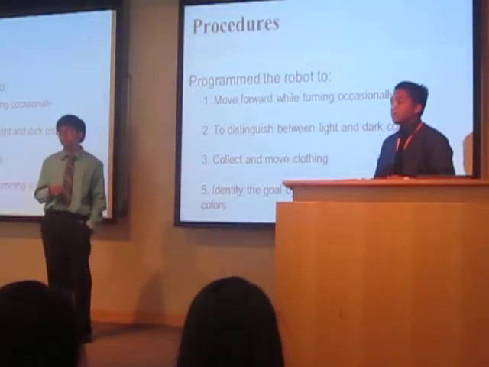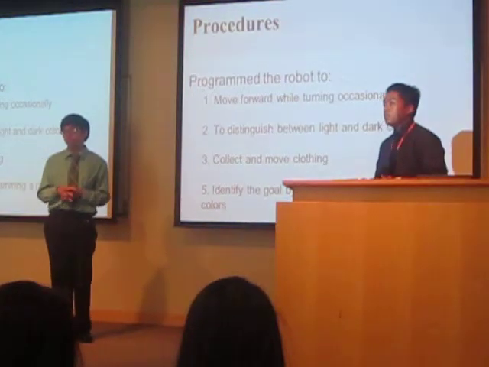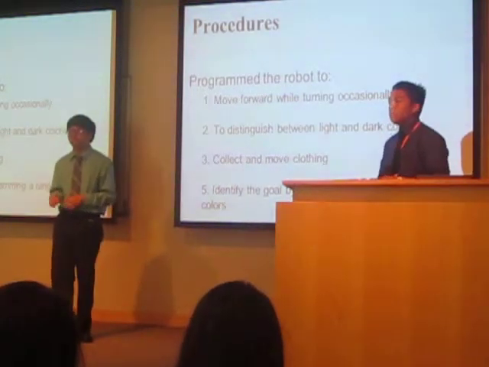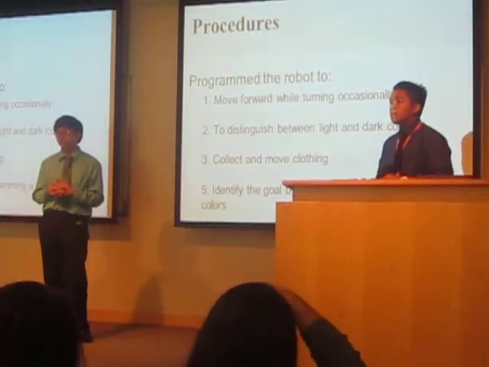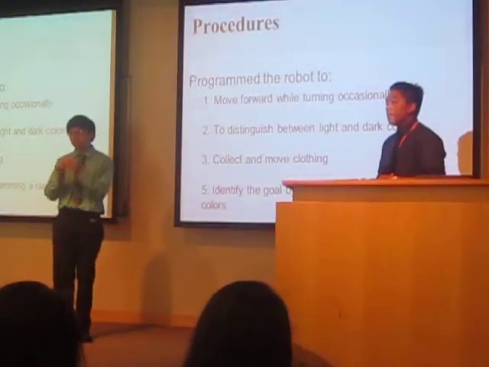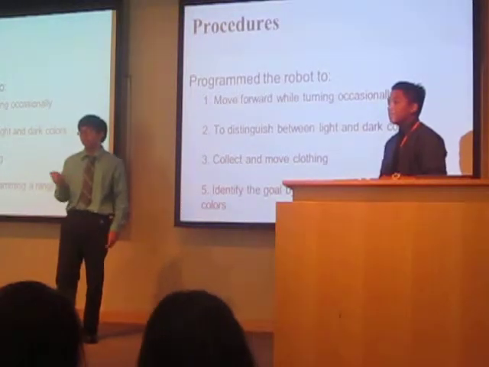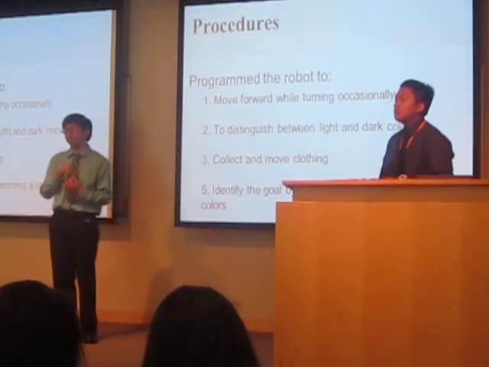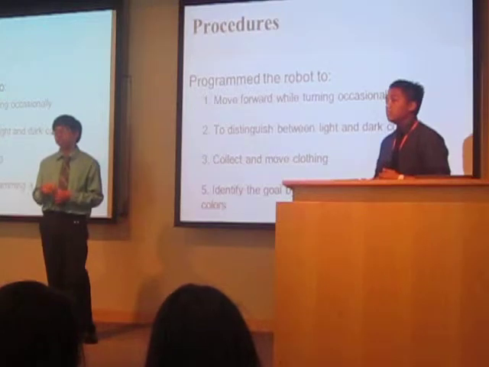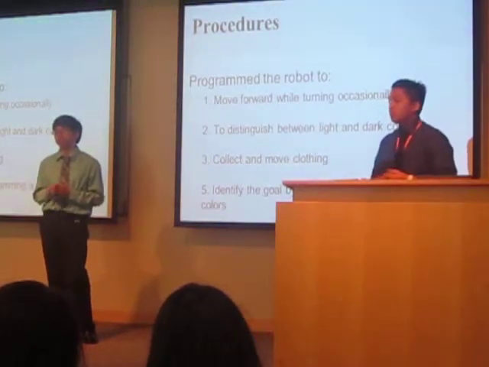So we had to program a separate task for the robot so it can accomplish this. The first thing we had to do was make it move around the room randomly in order to find the piece of clothing. Also, we had to make sure that the robot can actually detect the piece of clothing because it can take a picture, but it can't recognize the clothing. So we had to distinguish it using the colors black and white. The white would be the environment and the black would be the clothing. So once it detects black, it will be able to sense where the clothing is.